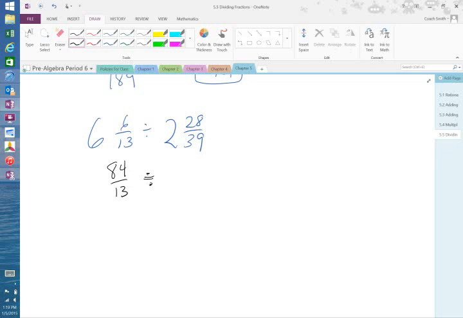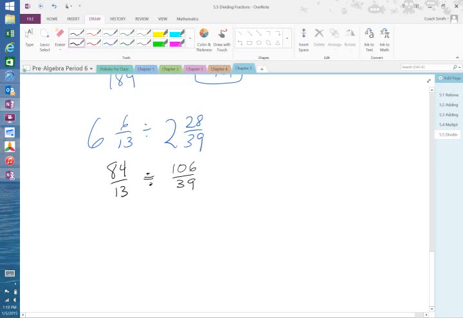Okay, 2 times 39 is 78. But then you have to add the 28 to it. 78 plus 28. Okay, 8 plus 78 is 86. Plus 20 more would be 106 over 39.